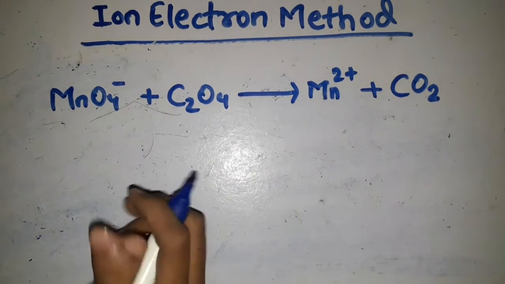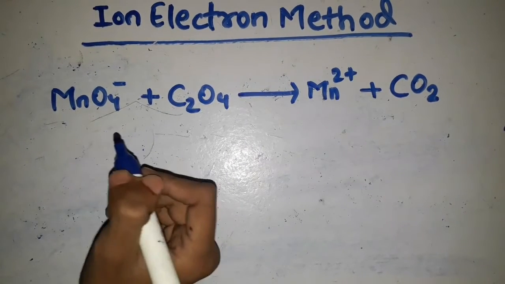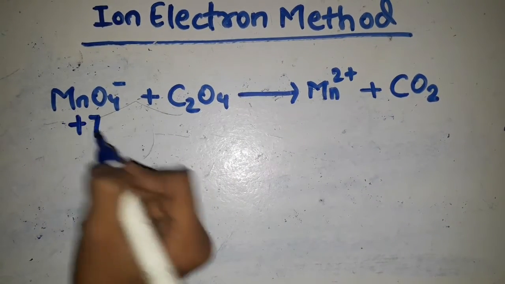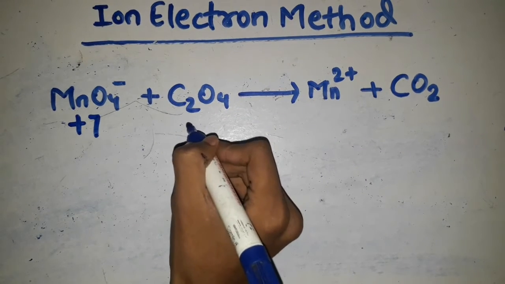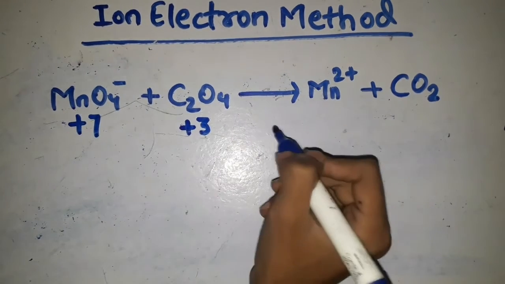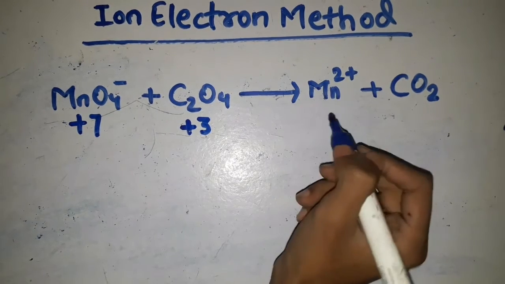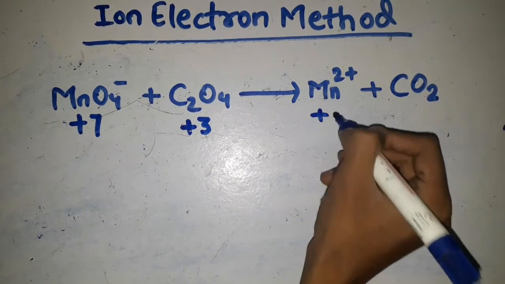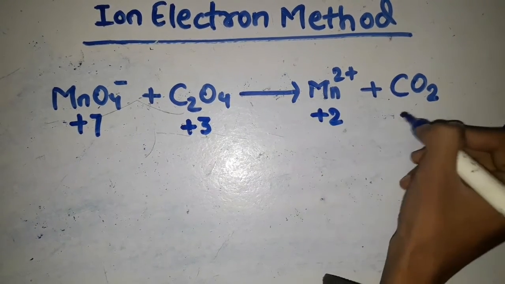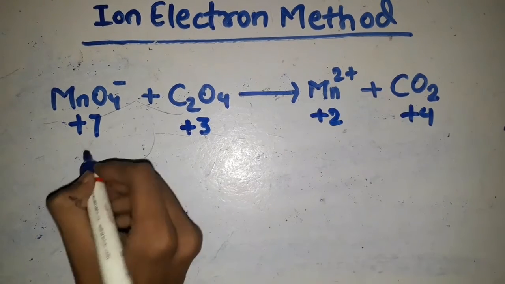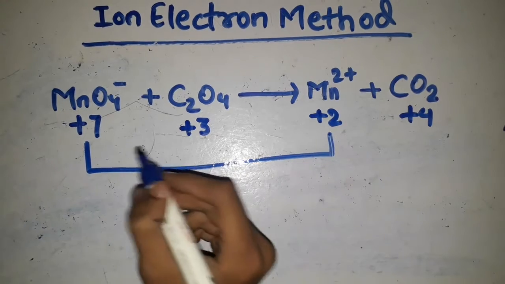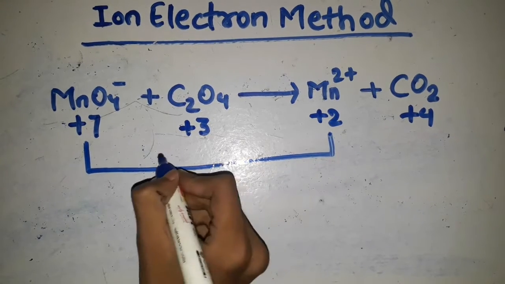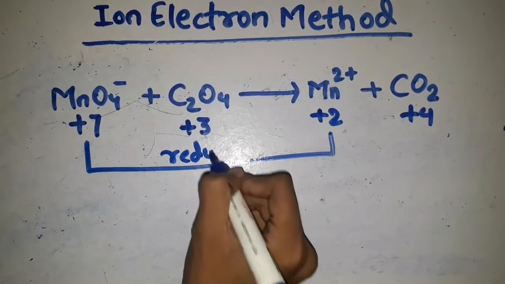Here we can clearly see that the oxidation number of manganese is plus 7, and the oxidation number of carbon is plus 3, and on the other side manganese is plus 2 and carbon is plus 4. So manganese is decreased, that is reduced. So the reduction of manganese happens, so we will write reduction.